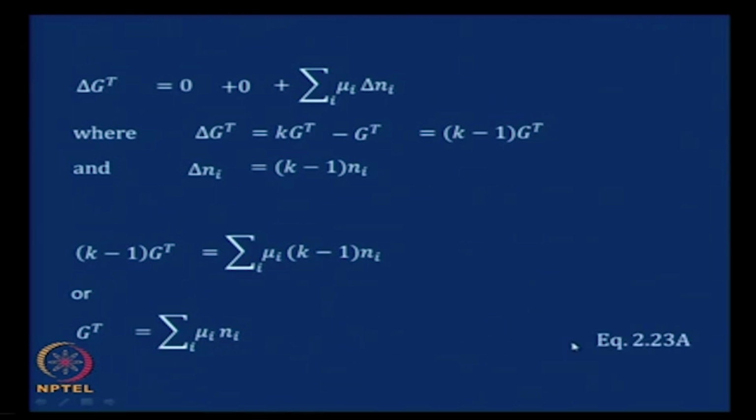Let us call this equation 2.23a. From that equation, G_t equals summation of mu_i n_i.